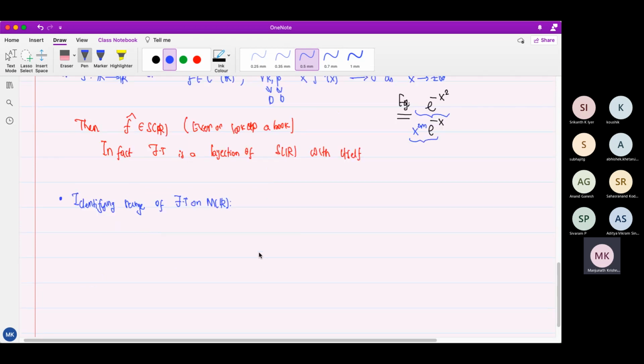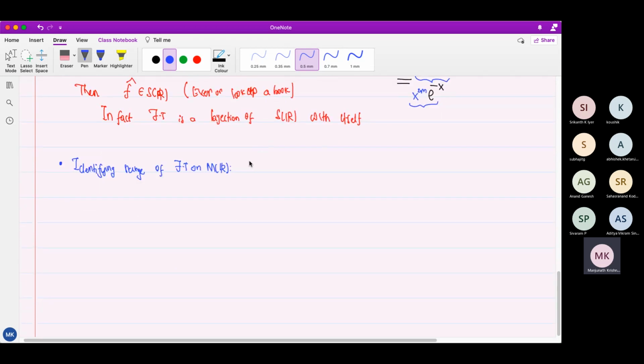So let me just define as before. Since we have seen this in the case of the circle, we will have a similar thing here.